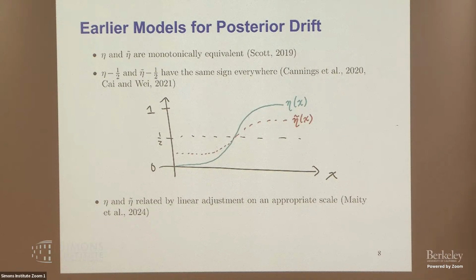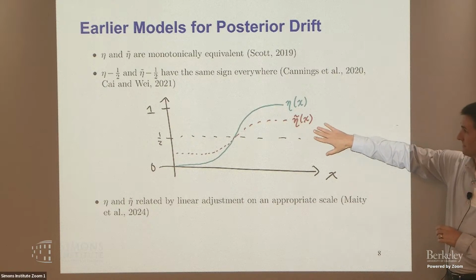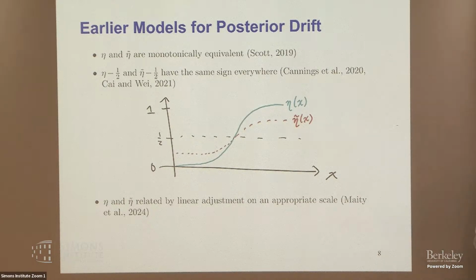Focused on that performance measure, one assumption that's been made in a couple of works is just to assume that the clean and noisy Bayes classifiers agree everywhere. So depicted in this figure. There may be some applications where that's a reasonable assumption, but there's also a lot where it's not. And we'd like to develop a posterior drift model that's maybe a little more realistic across a broader class of applications.